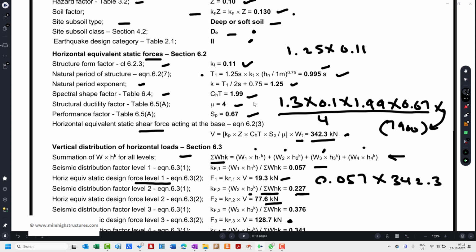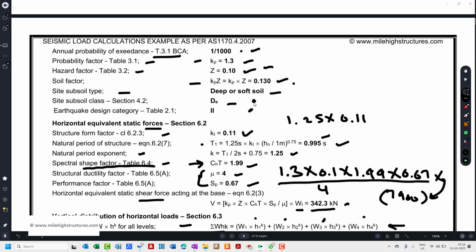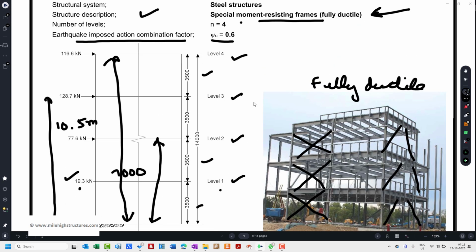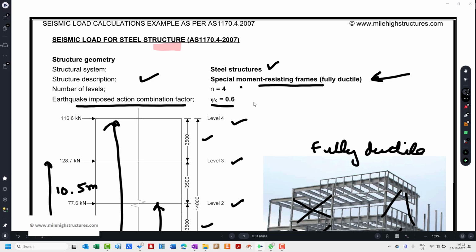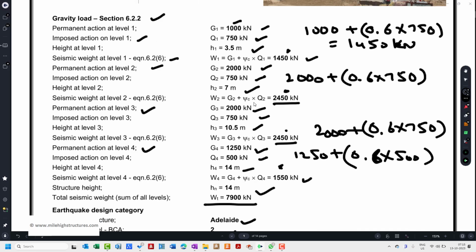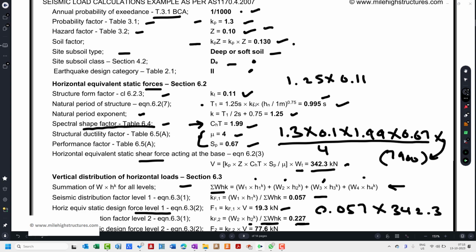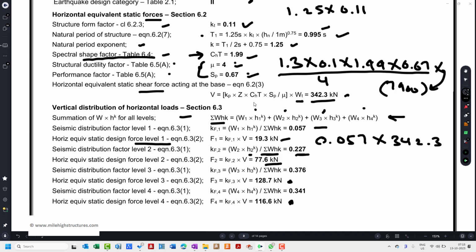As per that, we can calculate the value of the CT from spectral shape factor table 6.4, and mu and SP that are dependent on the type of the building and material of the building. So as we had assumed steel structure and fully ductile, as per that, we can simply refer table 6.5a and find out the value of mu as 4 and SP as 0.67. So horizontal equivalent static force acting at the base can be calculated as 342.3 kilonewton, which needs to be divided in various levels.